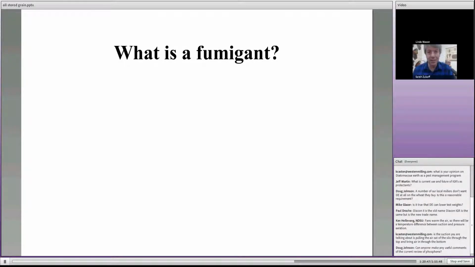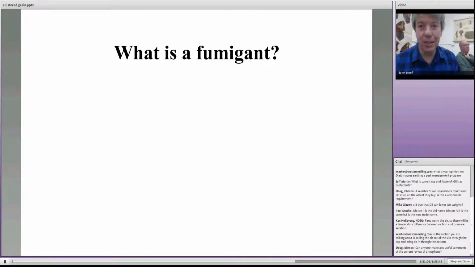Anyway, I refer to fumigation as the hammer. It's what people use in grain bins when they want to solve the problem. And again, back to why are we storing grain? It's to make money.